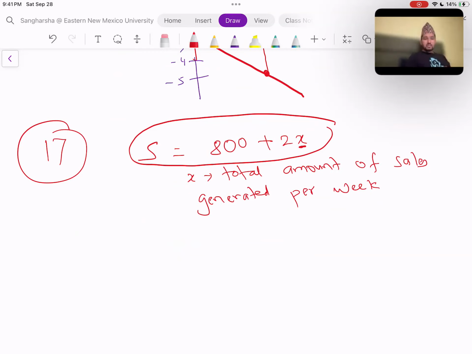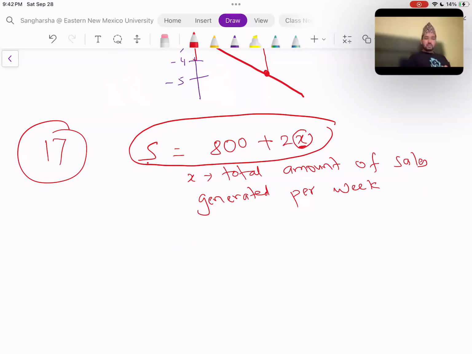And the question is, how much sales should be generated? So how much sales means, are we trying to find S or X? So our X is the total amount of sales, and we are asked to find how much sales. It means we are looking for X, okay?